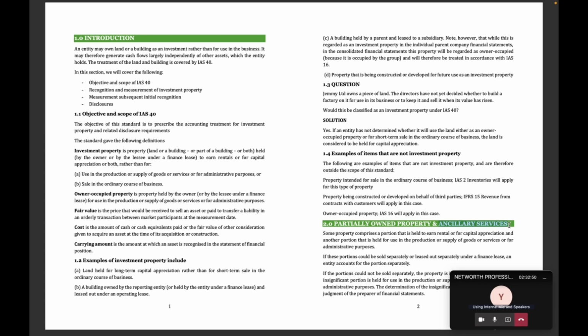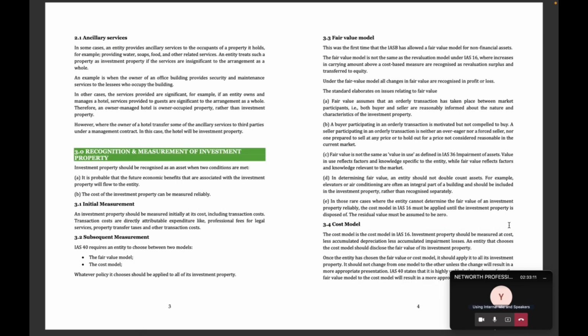It's going to be PPE. Majorly, if ancillary service is significant, then that building becomes PPE. And if it is not significant, then it continues to be an investment property. That's majorly what investment property is about.